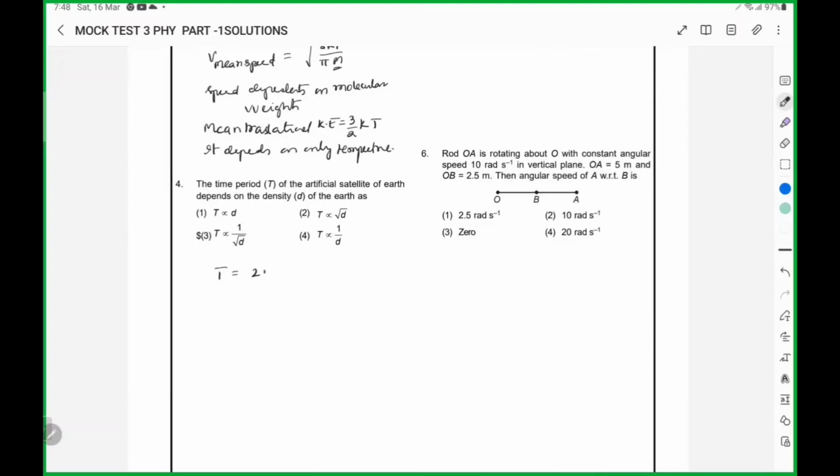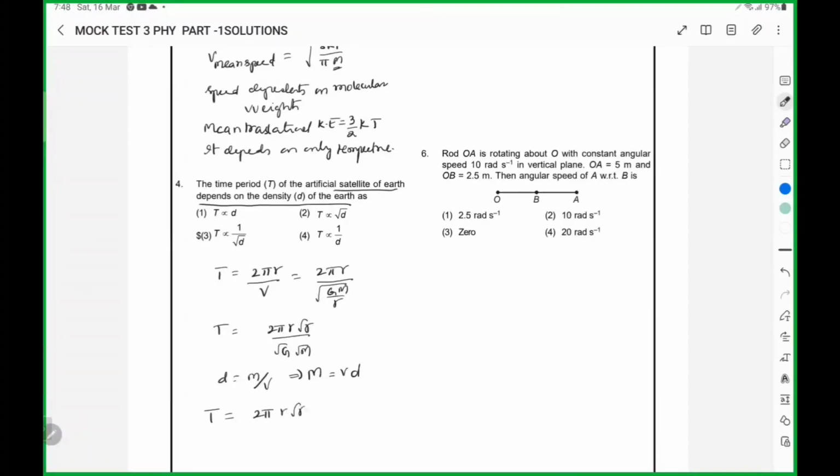So the time period of an artificial satellite is 2 pi root of r cube by GM. So how does it vary with respect to density? Density is mass per unit volume. Mass is volume into density.